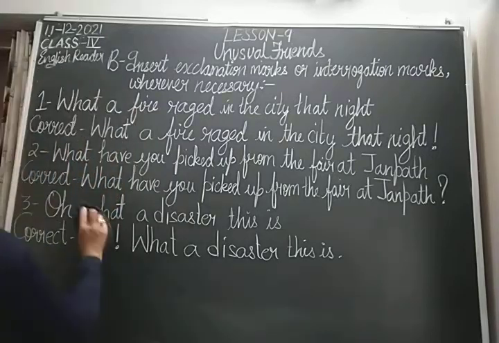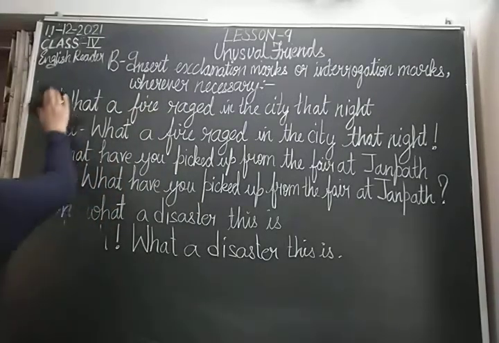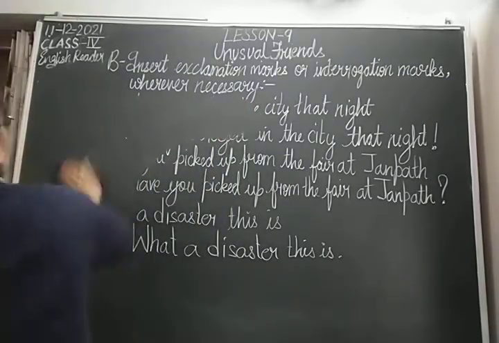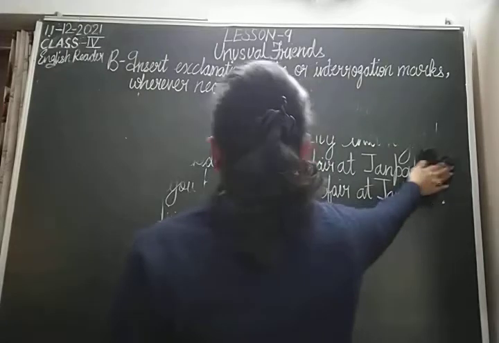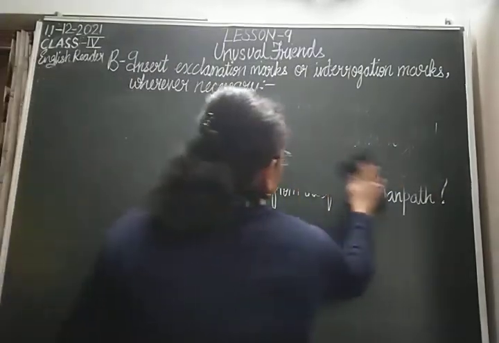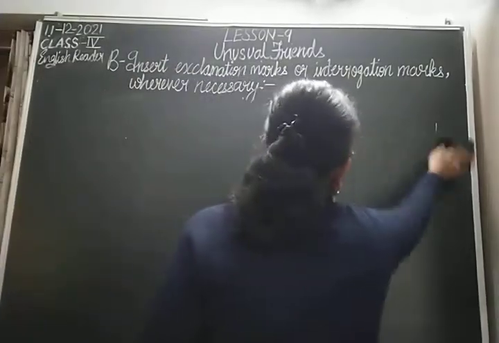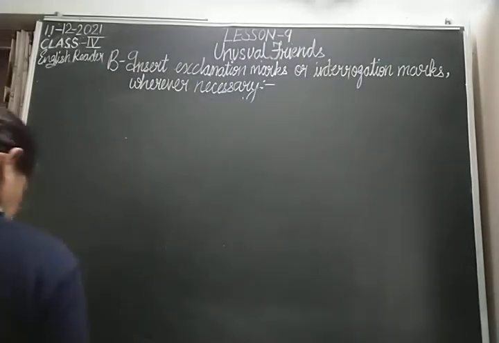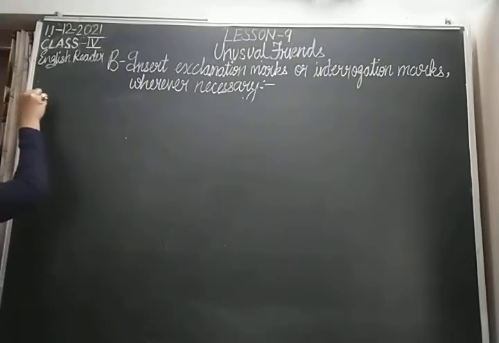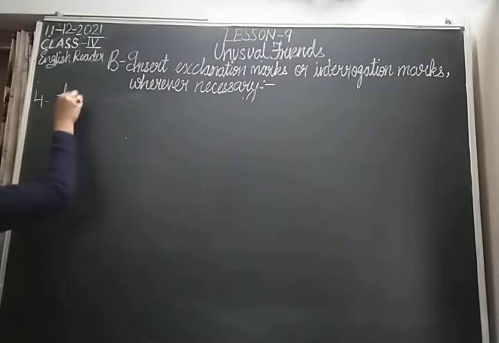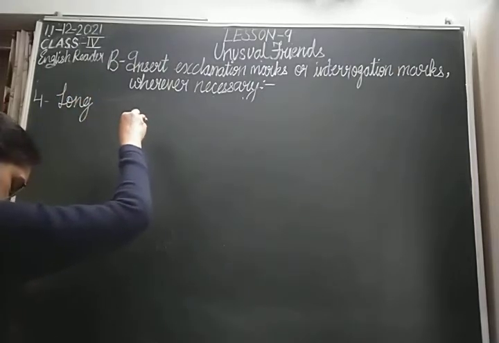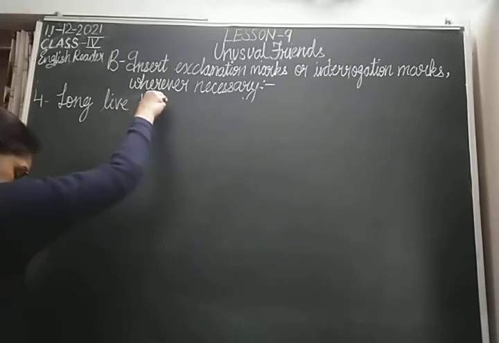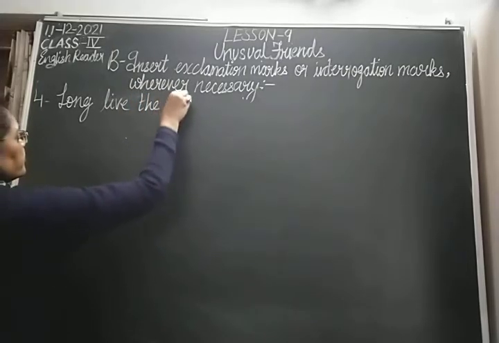So now I'm going to erase these 3 sentences and write the 4th one, children. Okay. Now the 4th one. Long live the king.